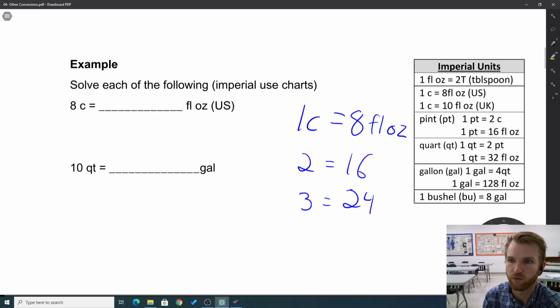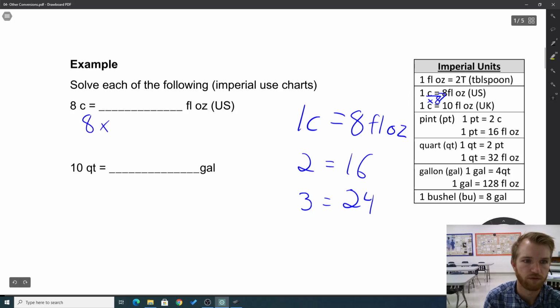So all we're doing to turn cups into ounces is multiplying by 8. If I want to know how much 8 cups would be, I'd say 8 cups times 8 will give me my fluid ounces, which is 64. So 64 would be my answer here.